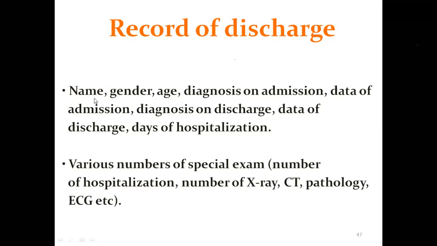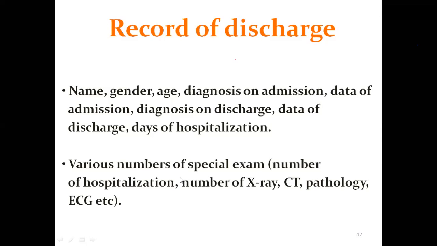You have to write first the name, gender, age, diagnosis of admission, date of admission, diagnosis on discharge, date of discharge, and days of hospitalization. Various numbers of special exams, for example, number of X-rays, CT, pathology, ECG, etc. So this should be there.